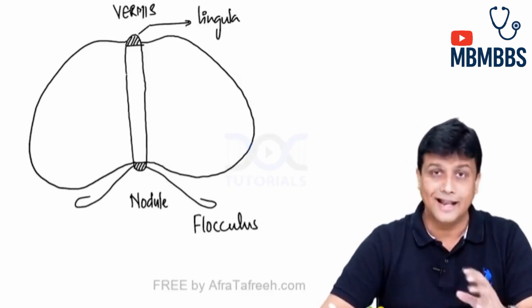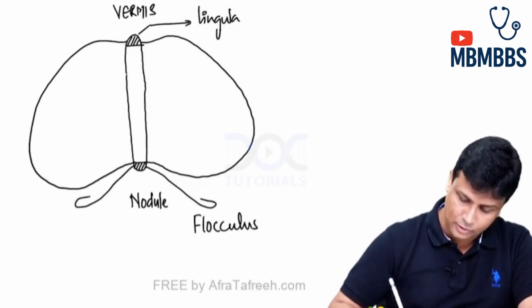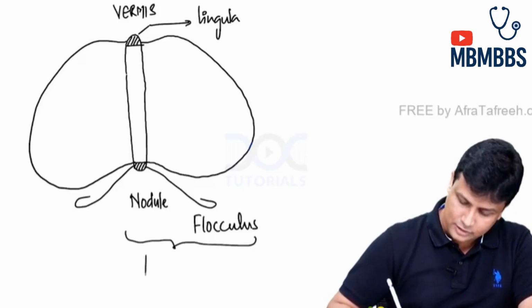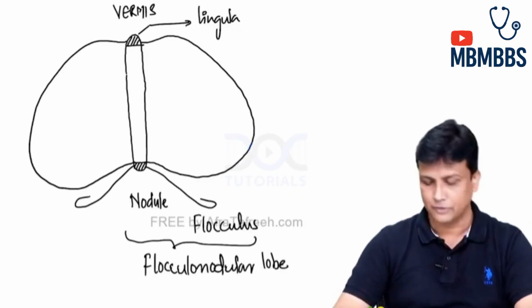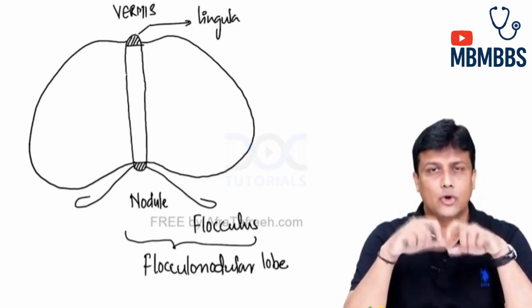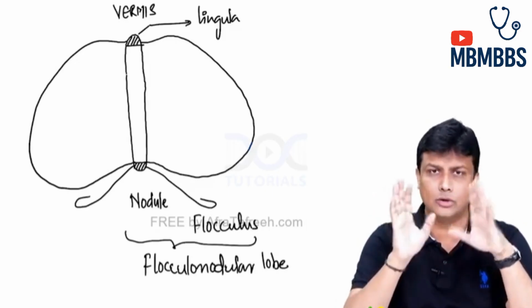And the flocculus and the nodule, these two together are referred to as the flocculonodular lobe. Perfect. So, remember the lingula part, and then remember the nodule. The nodule will be attached to the flocculus part, the flocculus along with the nodule together, the flocculonodular lobe.